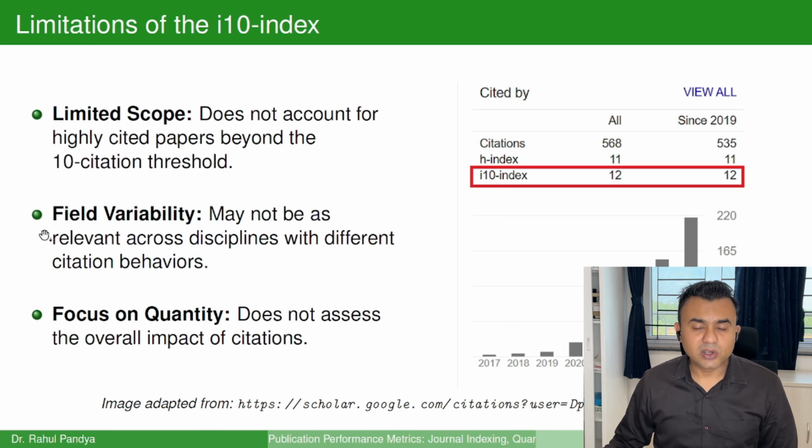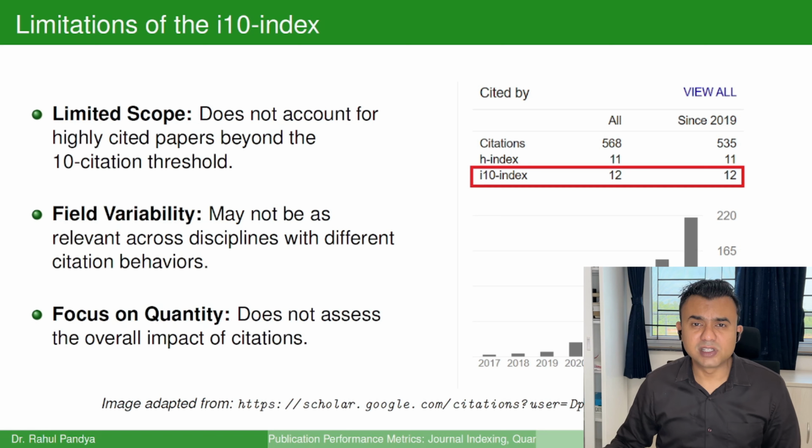The second limitation is field variability. It may not be as relevant across disciplines with different citation behaviors. Sometimes different fields have different citation behaviors and it may not be suitable for them. Sometimes the focus would be more on quantity rather than quality.